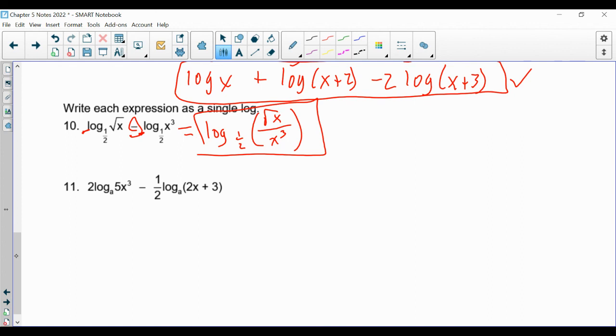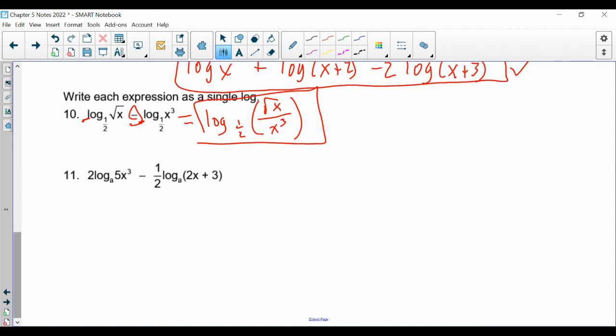Okay. And then with number 11 here, this is where sometimes students make some mistakes, because there are numbers in front of the logs. So to deal with those, we have to get them out from the front first. The way we do that is the power property. So I move it up to the power.